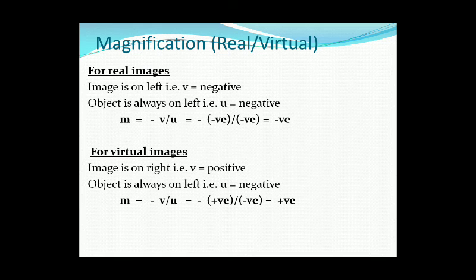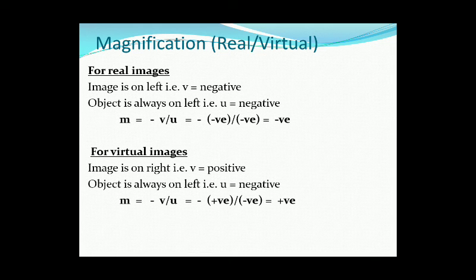Now, come to the real and virtual. What does magnification indicate? Formula is minus V upon U. U we all know that it is on the left hand side. Object is always on left hand side. So, object distance is negative. For real images, images are on the left hand side due to the actual intersection.